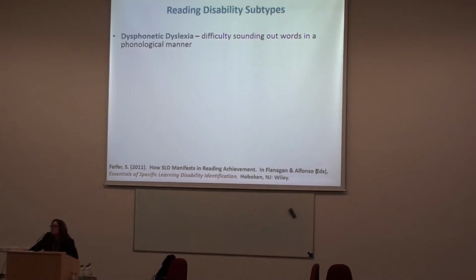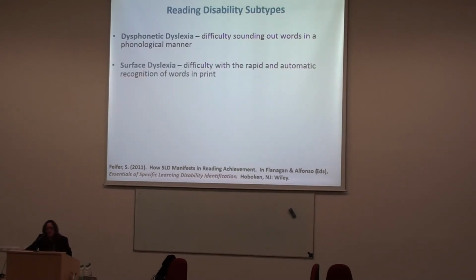There are different reading disability subtypes that have pretty consistent findings in the literature. One, the terminology really doesn't matter. We call these conditions different things depending on what researchers are using the terminology. But dysphonetic dyslexia, basically difficulty sounding out words in a phonological manner.